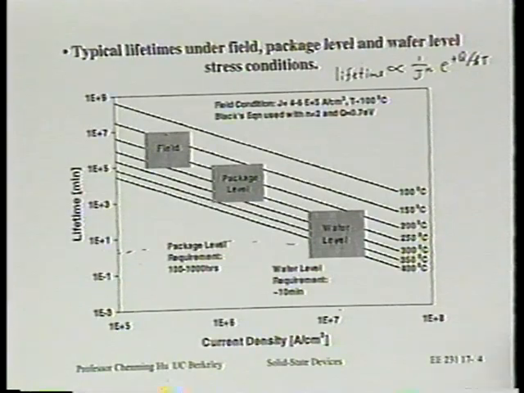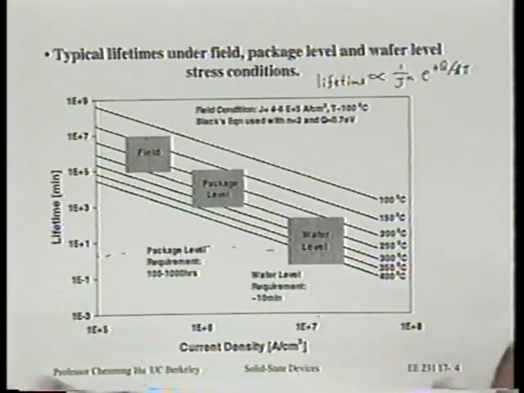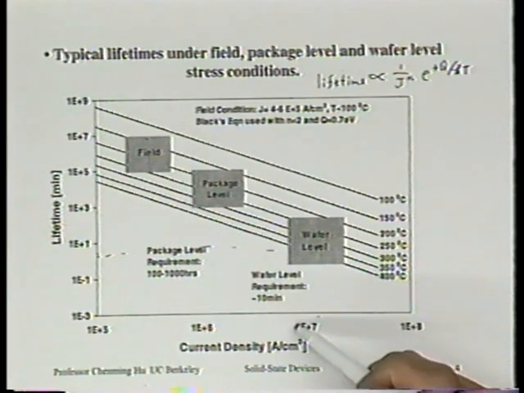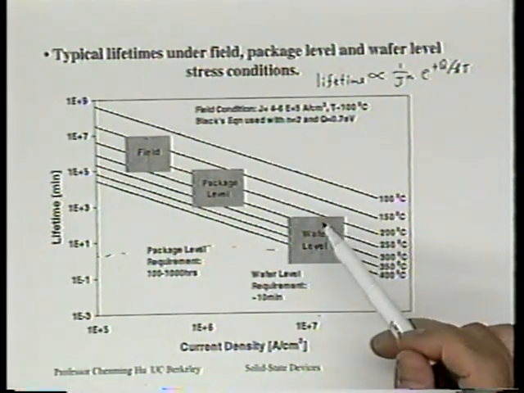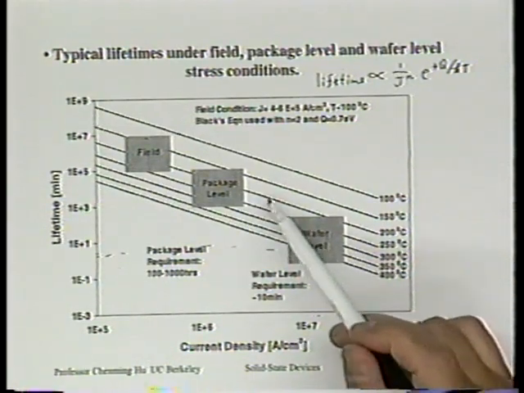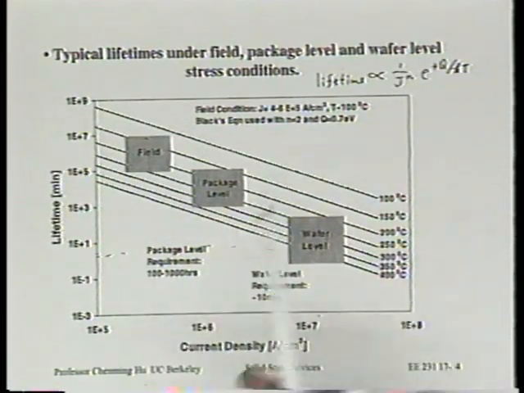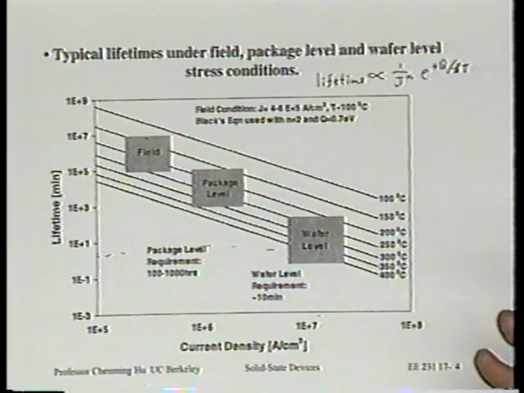So therefore, engineers take advantage of this relationship. They would design an experiment where they take several hundred metal lines and stress them all at a fairly large current density and a fairly high temperature. Temperature and current are chosen so that they are going to see failure before too long. Before too long meaning without having to wait for months or years.